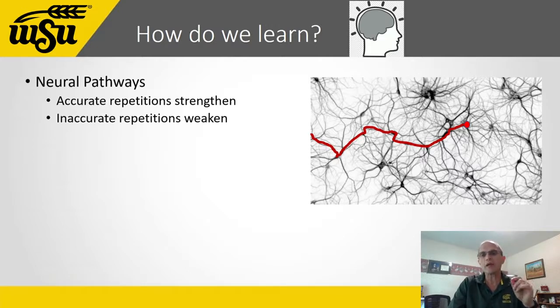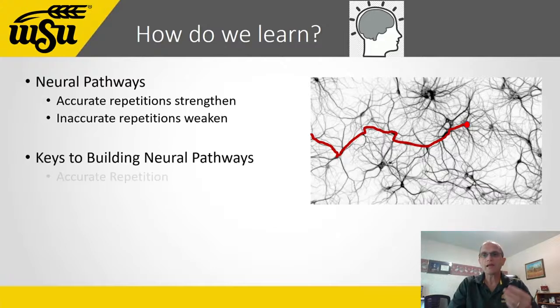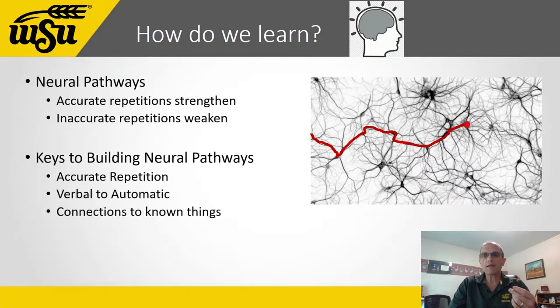Each time your brain engages the same pathway of neurons to create an action, those neural pathways get stronger. But if you do things inconsistently, they don't get stronger. The point is that you'll be more apt to play something correctly if you play it correctly multiple times to create strong neural pathways. Your practice must include lots of accurate repetitions. Repetitions and accuracy are equally important.